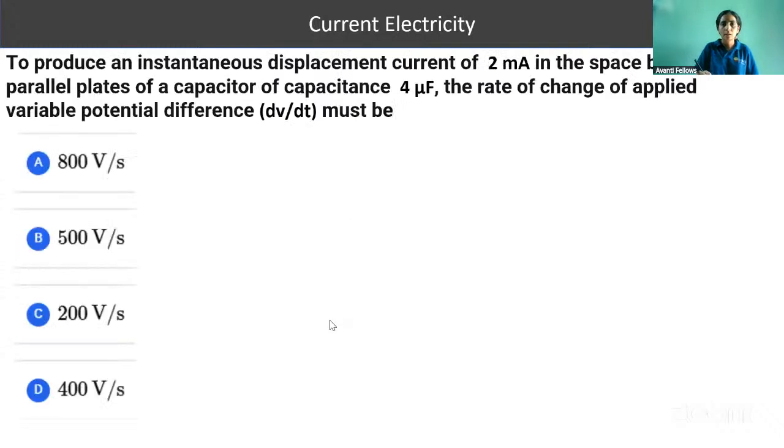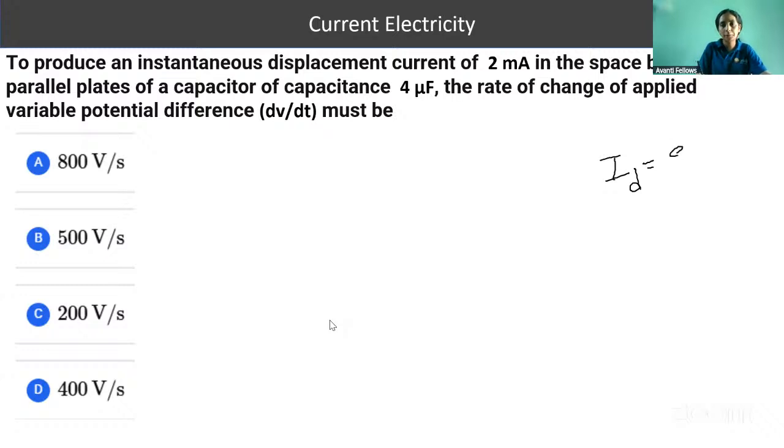Okay? Now do this question. This is a question from displacement current, and displacement current is in the last chapter of the first part of physics in class 12. If you have forgotten it, I will let you know. Displacement current is basically equal to the steady state current, whatever you get.